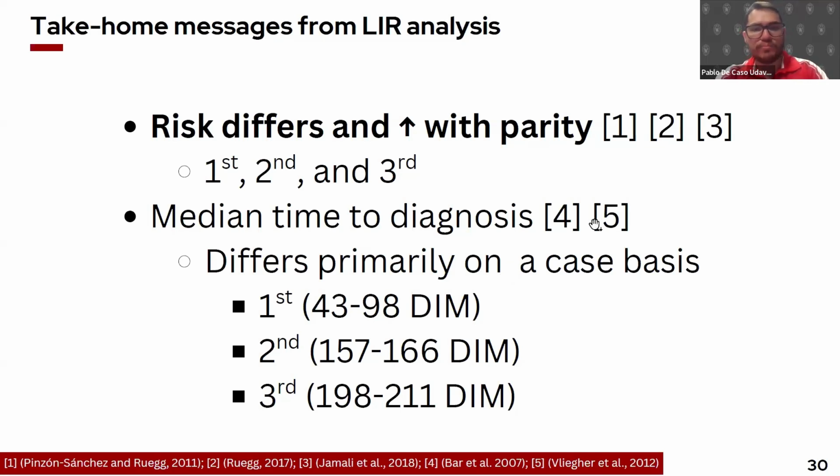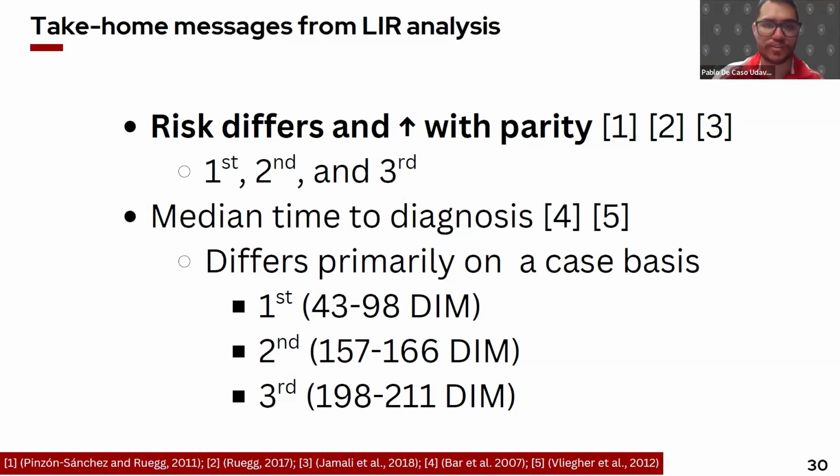But this is really interesting because when we compare it to the literature that has been reported in conventional and other types of herds, this actually differs quite a bit because in other studies they have reported in New York, for example, in Holstein, the same breed, that the multiparous cows for second and third cases of mastitis were diagnosed earlier in comparison to first parity cows.